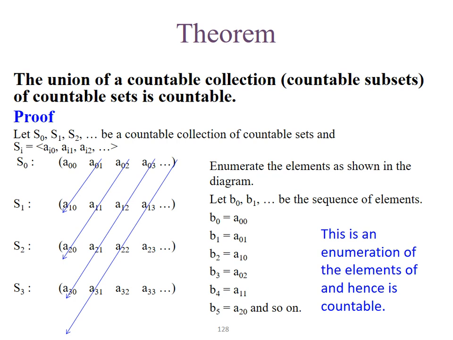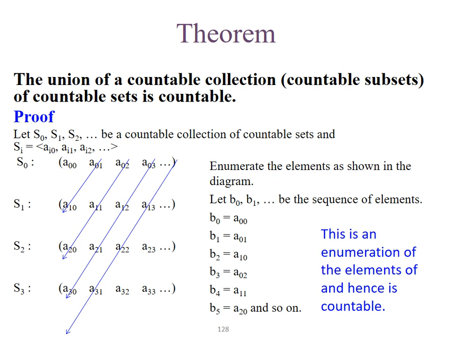Right? So let's see. We apply the same trick. When we need to prove it's countable, we need to enumerate all elements of our target set in the order 1, 2, 3, 4. Okay, so let's see.